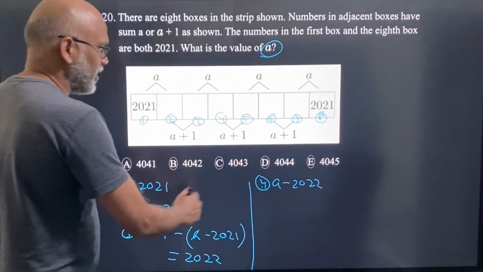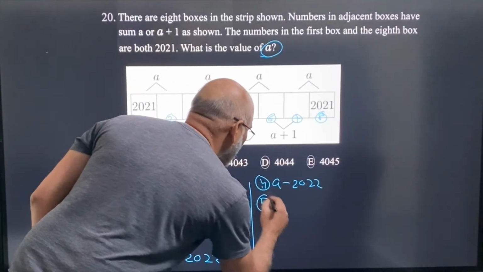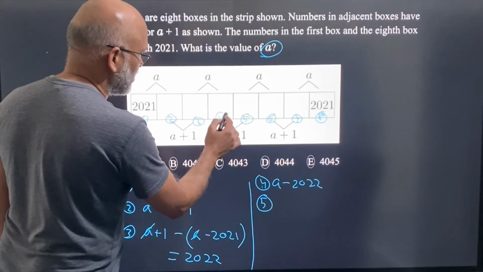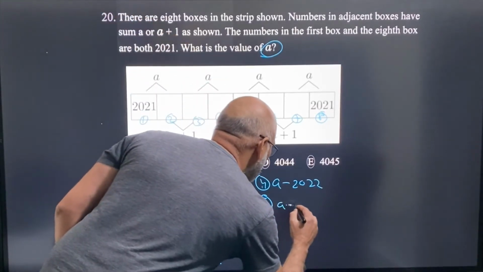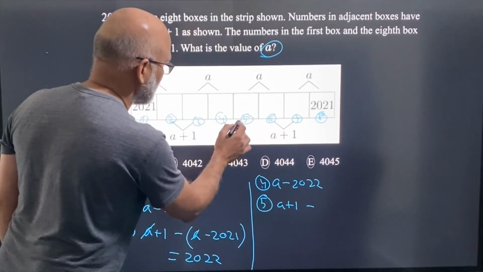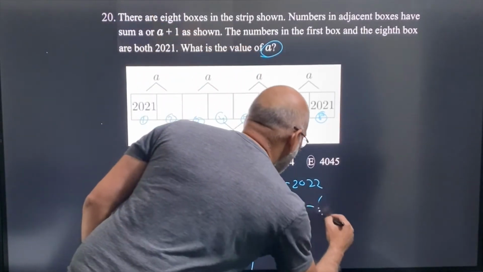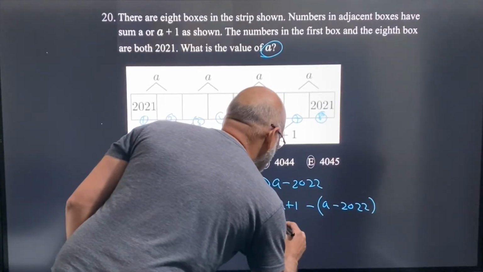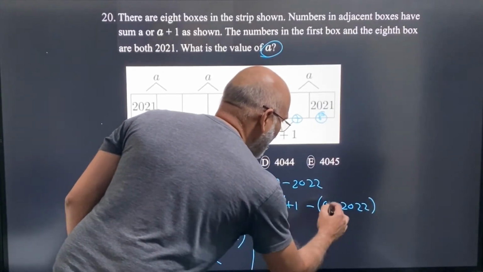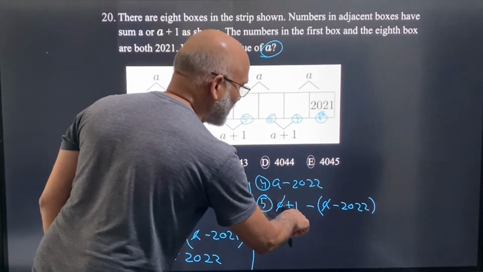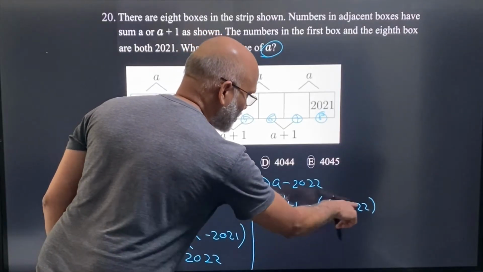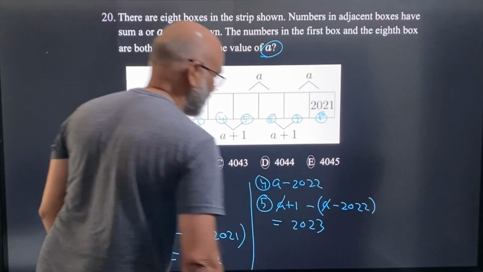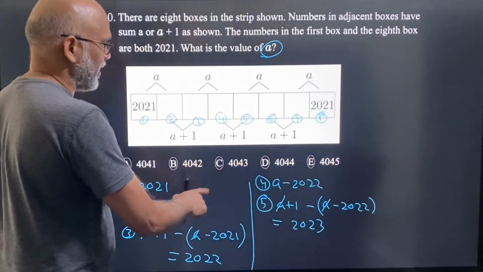Okay, next is 5. 5 plus 4 is A plus 1, so 5 will be A plus 1 minus 4. 4 is A minus 2022, and the A will cancel out, so 1 plus 2022 is 2023. All right, so that's 5.